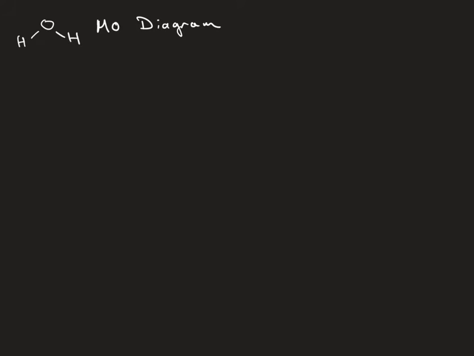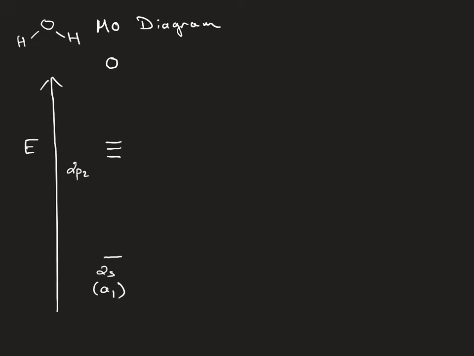So going through, we're going to draw our energy axis. Over here, we're going to put our oxygen atomic orbitals. So you have your 2s, which has A1 symmetry, the 2pz, which has A1 symmetry, 2px, B1, and 2py, B2 symmetry.